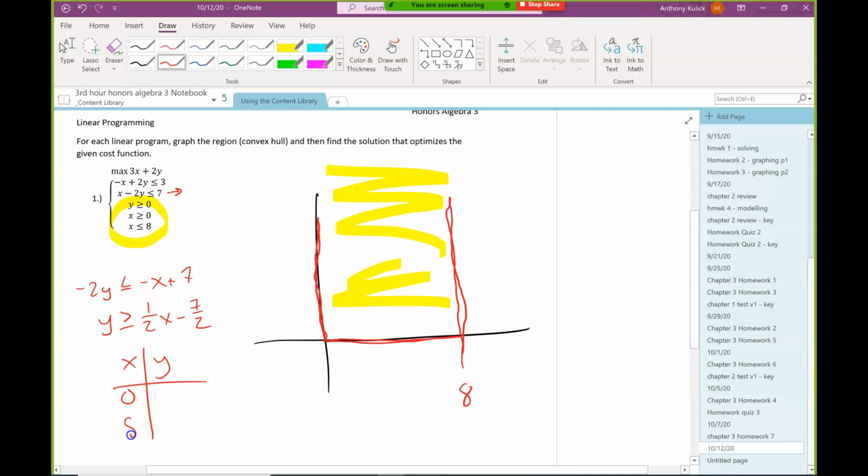I'm going to use the x values of 0 and 8. Why 0 and 8? Because the only part of the line I care about is between 0 and 8, right? Does it really matter which ones I pick? No, not really, but that's what I'm going to do. So for 0, I get negative 3.5, and for 8, I get 0.5.